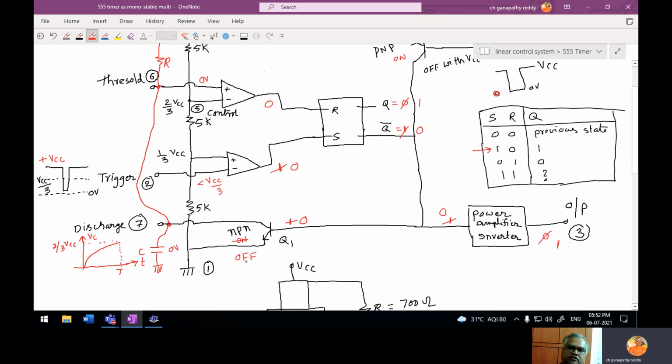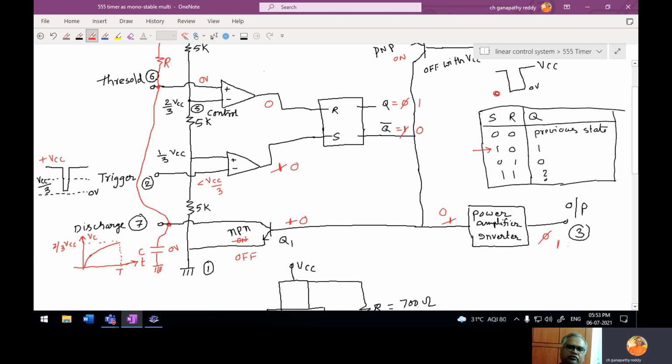Because this is 0, the transistor will be off. When the transistor is off, collector emitter is open. Now this capacitor is charging. How is the capacitor charging? Through this resistor from VCC. When the capacitor is charging, the voltage in the capacitor is increasing exponentially.